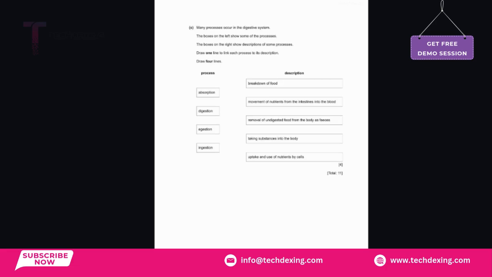Many processes occur in the digestive system. The boxes on the left show some of the processes. The boxes on the right show descriptions of some processes. Draw one line to link each process to its description. Draw 4 lines. So absorption is the movement of nutrients from the intestine to the blood.